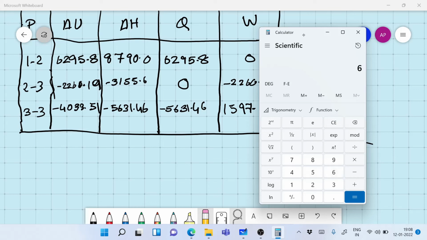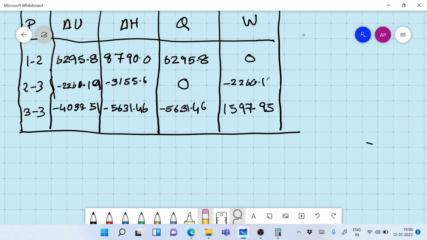We have 6295.8 minus 2260.19 minus 4033.51. Now we get a very small error of 2.1. That is because we have rounded off the decimals, and this error is insignificant as compared to the values of delta U.